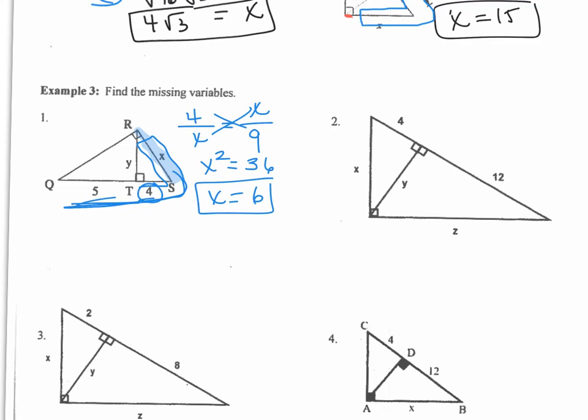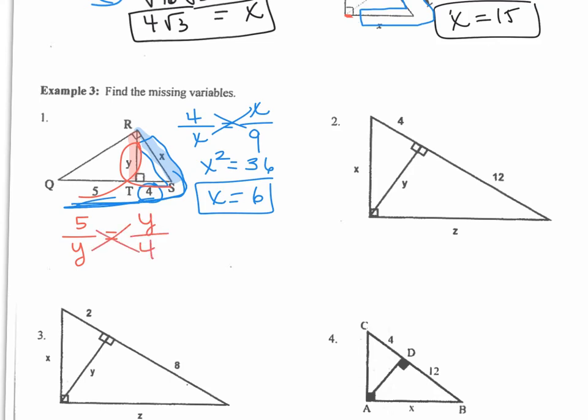Let's now talk about y. If I highlight it, y is the altitude. To find the altitude, it's a piece of that hypotenuse over the altitude equals the altitude over the other piece. So what's one piece? 5. If I draw my snake, 5 over the altitude, which is y, equals y over the other piece, which is 4.